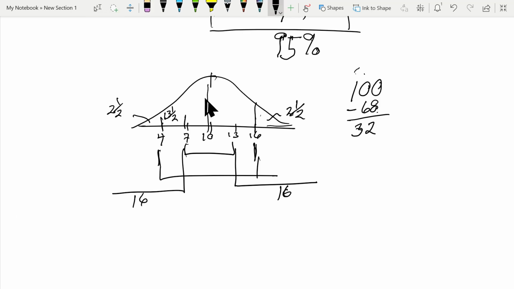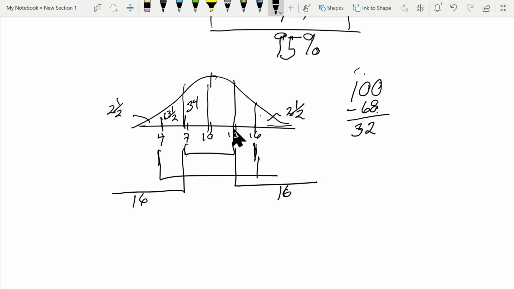What's between the average and one standard deviation down? 10 to 7. What's between 7 and 13? 68%. So what's half of that? 34.